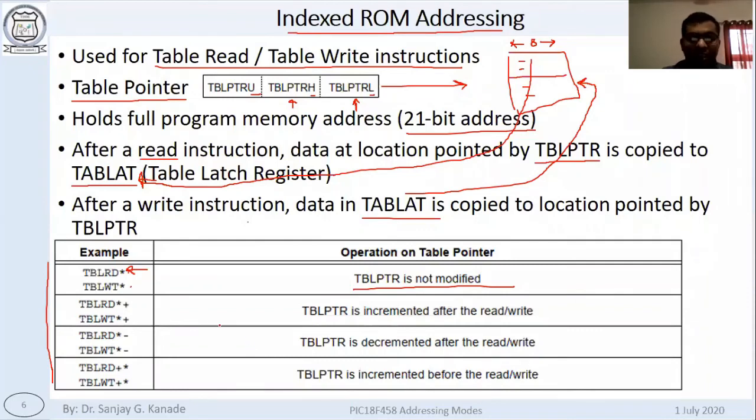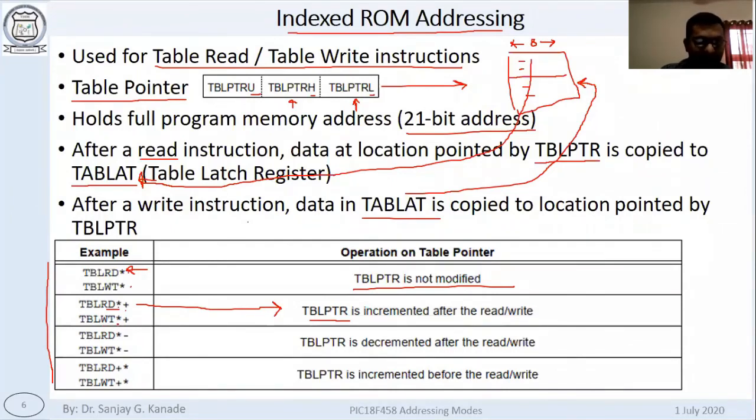Then there are these additional different ways of doing things. See, TBLRD*+. What will it do? It will read as said here, and then increment the table pointer.